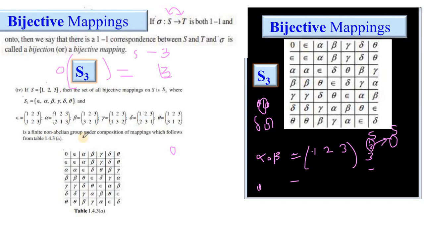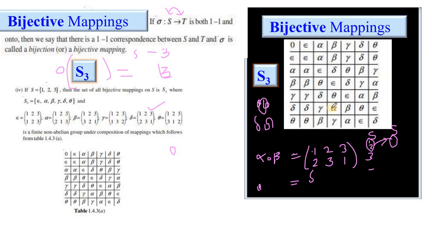We look at alpha: 1 is taken to 2, and after that we apply beta, so 2 is taken to 1. Then 2 is taken to 1 by alpha, and by beta 1 is taken to 3, so 2 goes to 3. Next 3 is taken to 3 by alpha, then 3 is taken to 1 by beta, so you have 1. So this is nothing but 1 to 2, 2 to 3, 3 to 1, which is your delta. So in the table, alpha composition beta is delta.